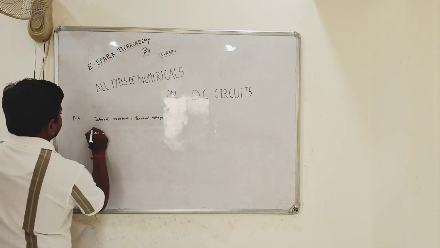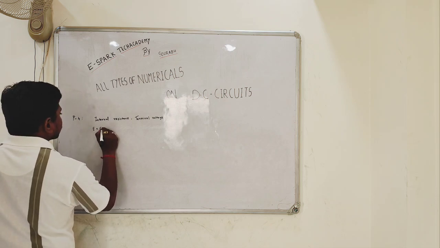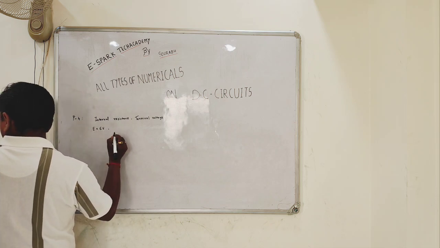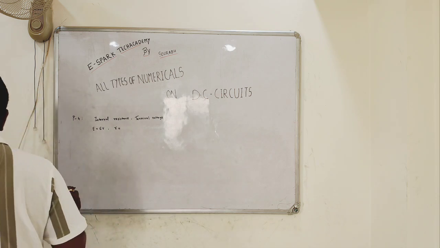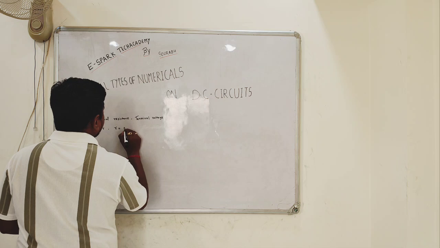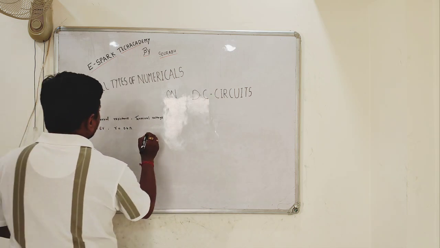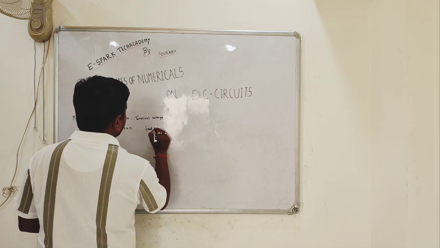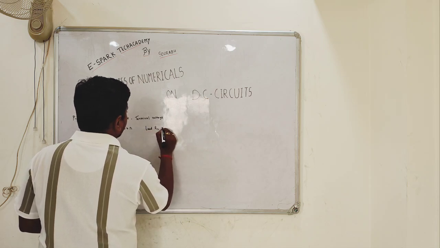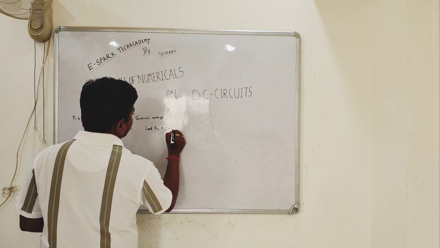The given is E equal to 6 volt. The internal resistance is denoted by small r. It is given as 0.4 ohm. The load resistance RL is given as 2.6 ohm.